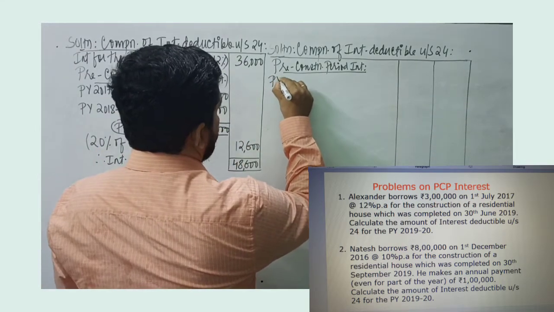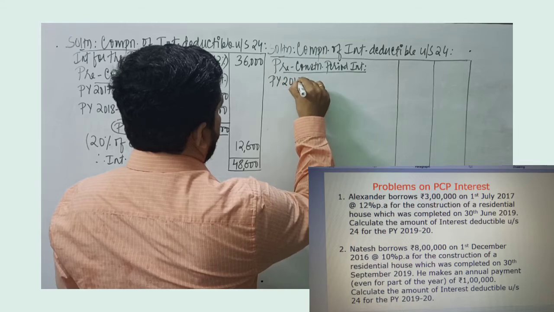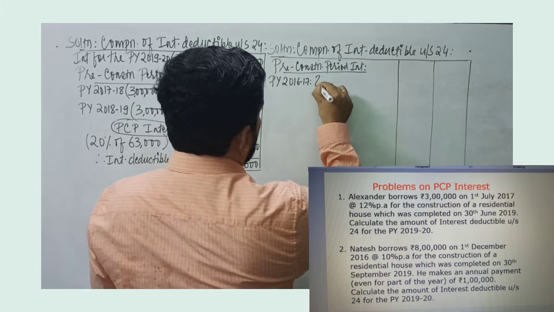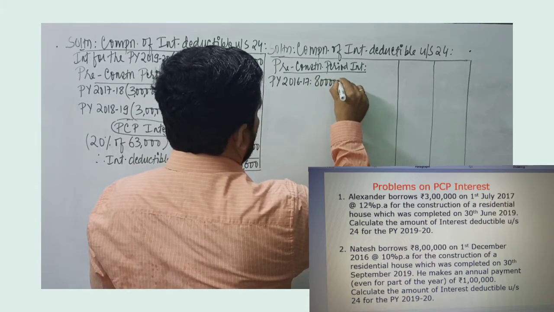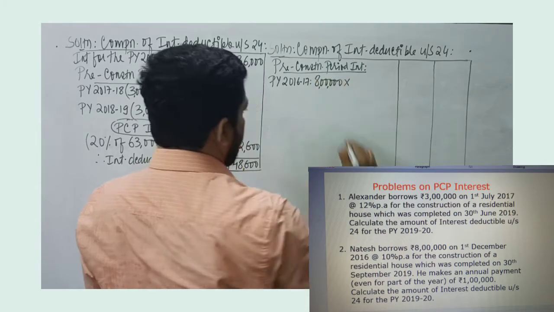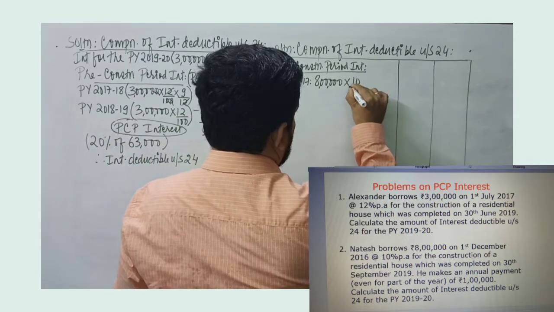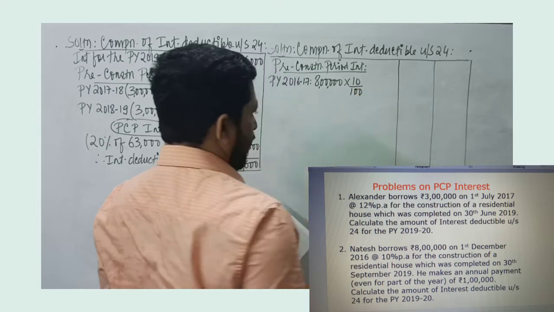So this is previous year 16-17. The loan amount borrowed is 8 lakh rupees. So 8 lakh into the rate of interest given is 10%.